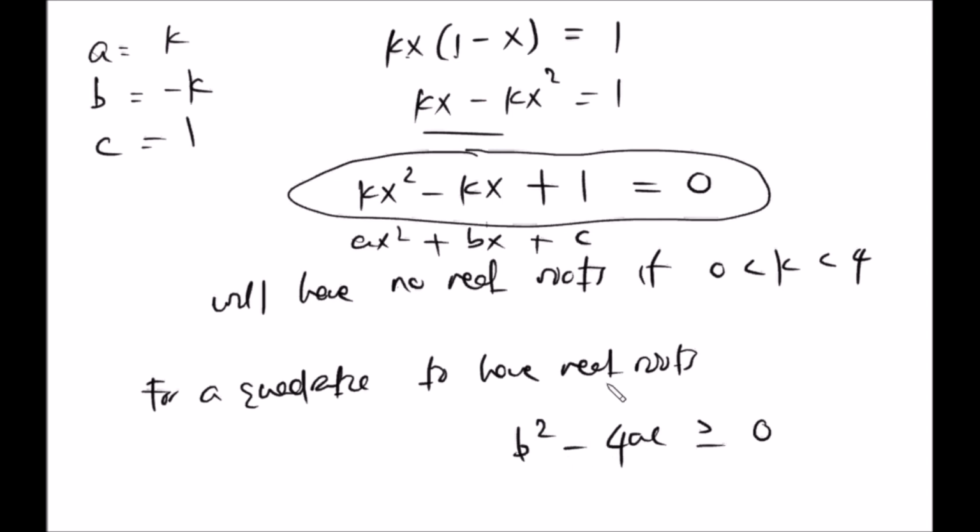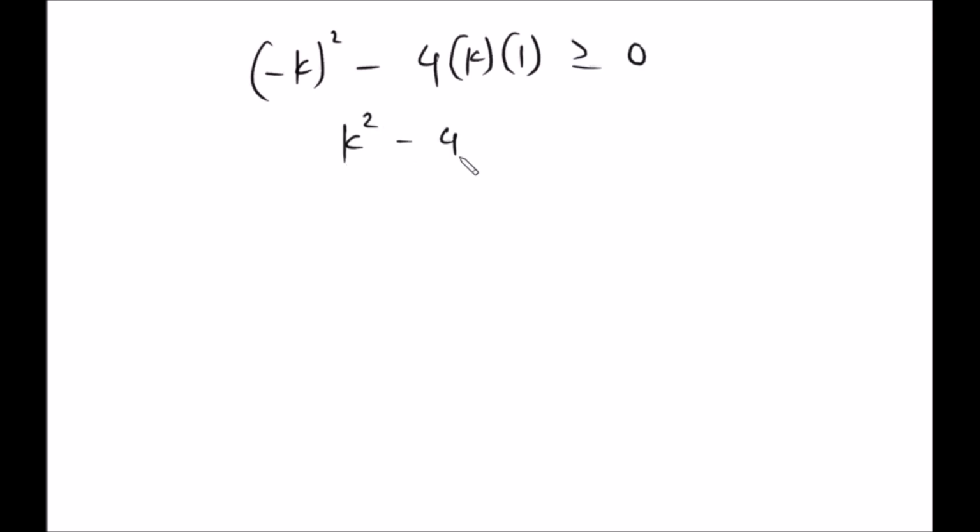Manake nini? Manake b squared negative k squared minus 4ac should be greater or equal to 0. So negative k squared ni k squared minus 4k should be greater or equal to 0. Manake nini? Factor out k, manake k times k minus 4 should be greater or equal to 0.